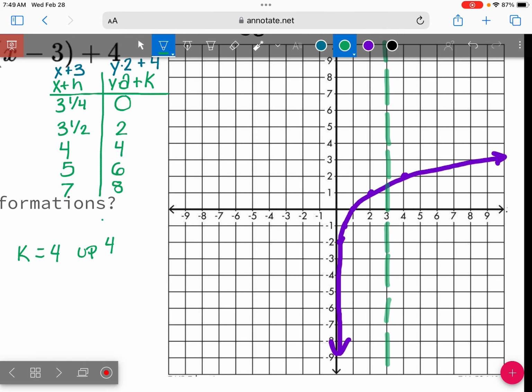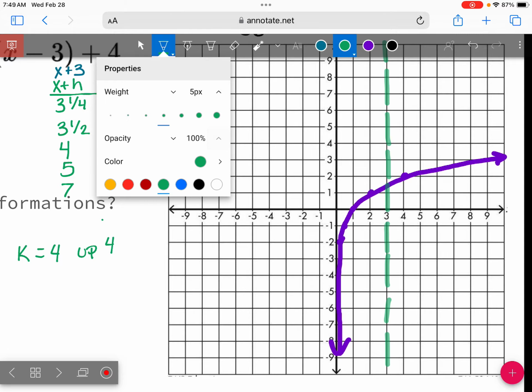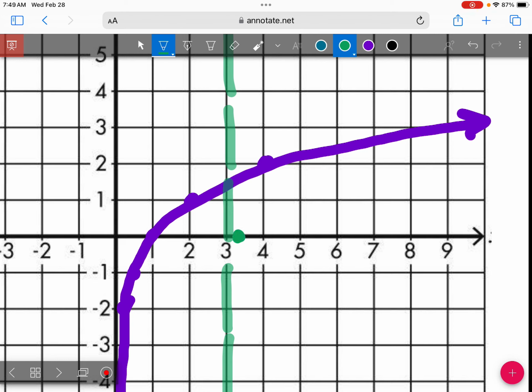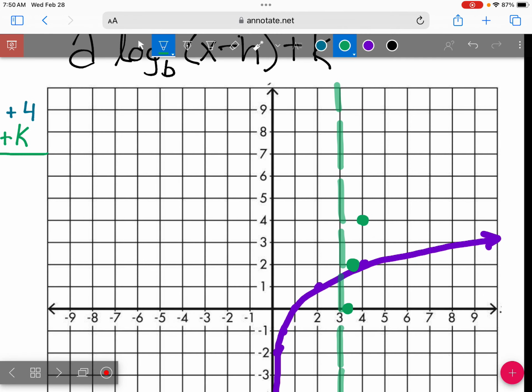So when we plot up our points, we're going to have 3 1/4, 0, 3 1/2, 2, 4, 4, 5, 6, 7, 8.